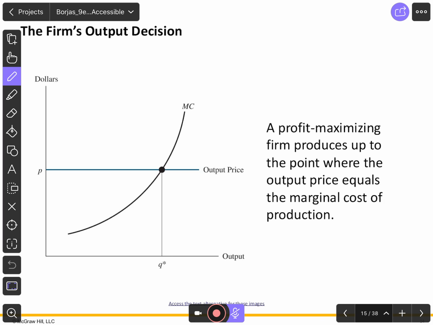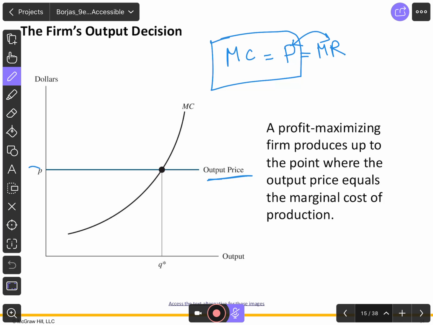So for the output decision, they want to reach the point where the marginal cost is equal to the price. And you can think in the back of your head, it's just the marginal revenue. So in this graph, we are talking about these two, and you have it in mind that they are actually the same. So we have an output price that is a certain constant.